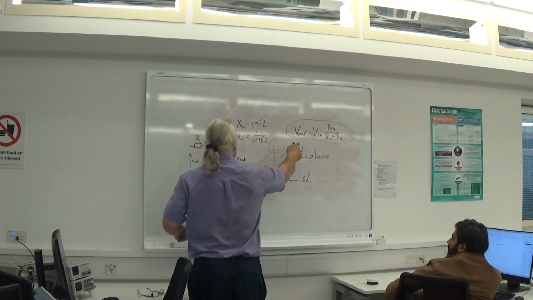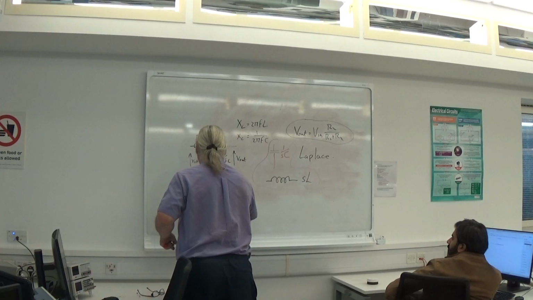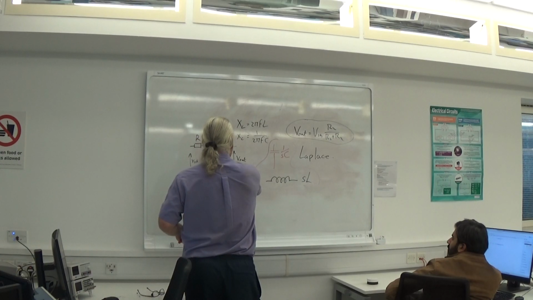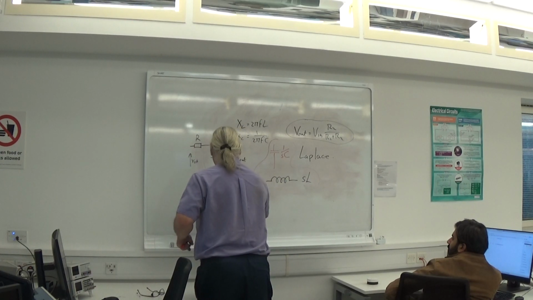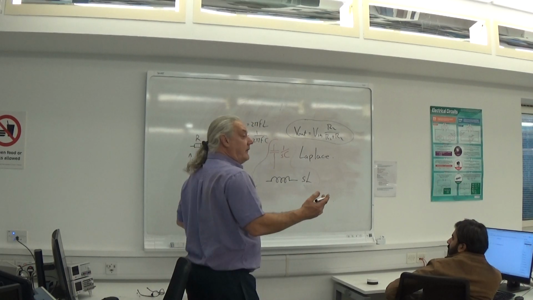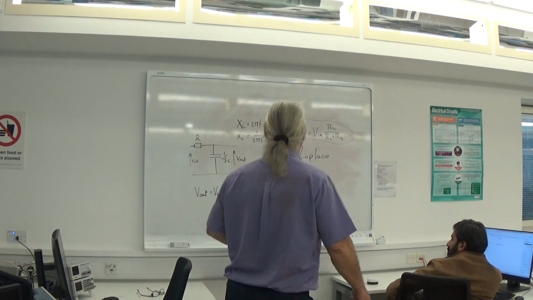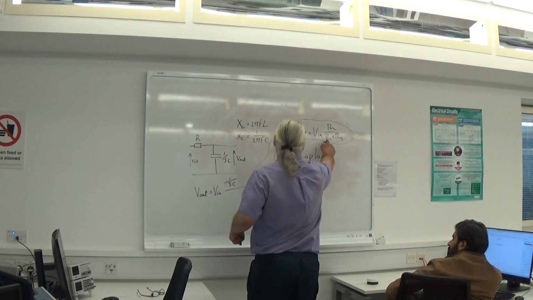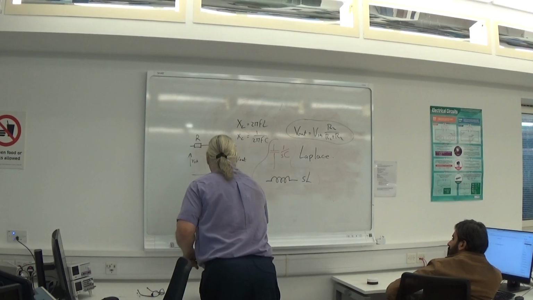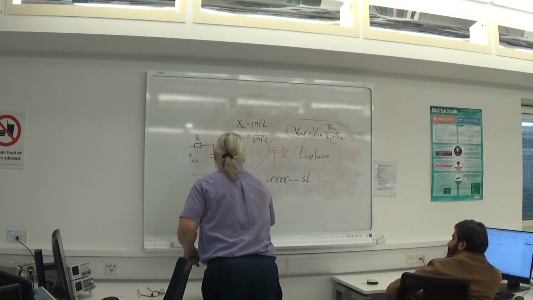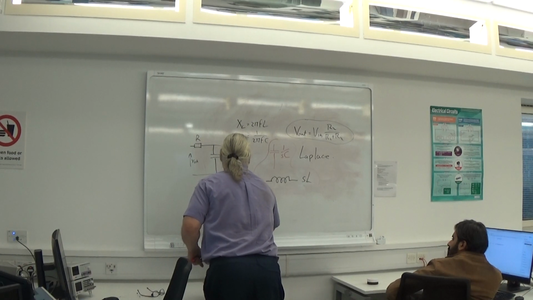is equal to V in R2, which is this 1 upon SC, all over. Don't worry about top heavy fractions. Always go with the top heavy fraction and then simplify afterwards. R1, which is still just R, plus 1 upon SC.